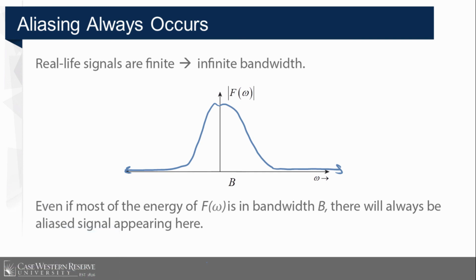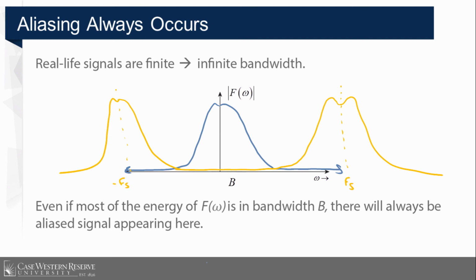And so even if we select a very short sampling interval, so our sampling frequency is way out here, and we replicate exactly our spectrum here again at minus Fs and Fs, right?